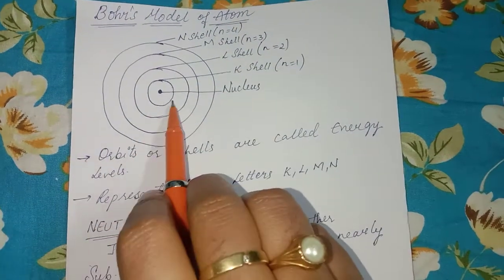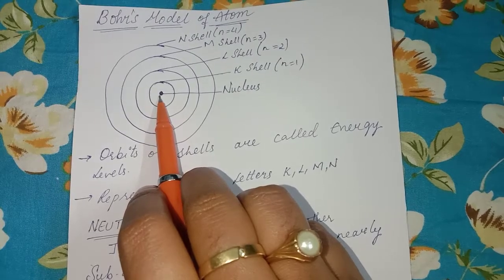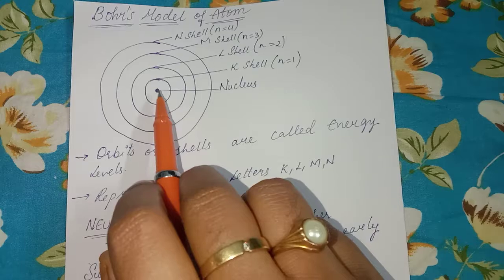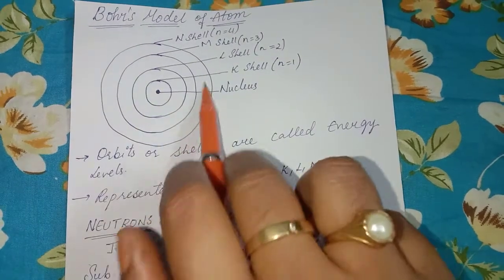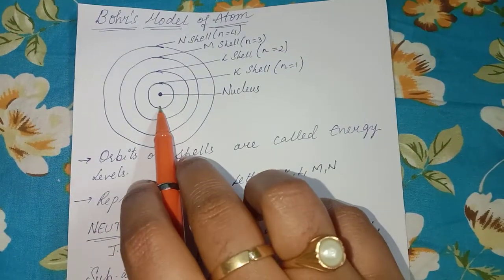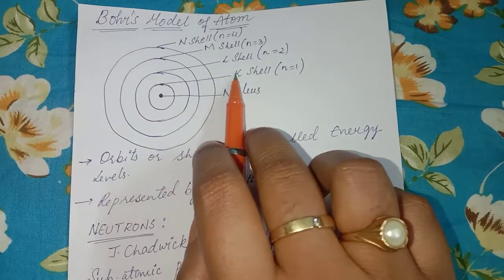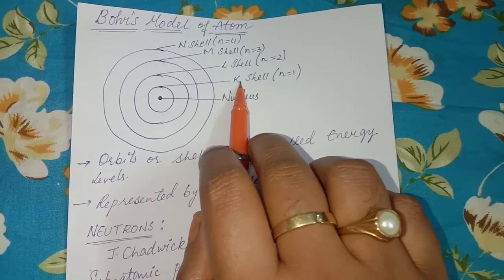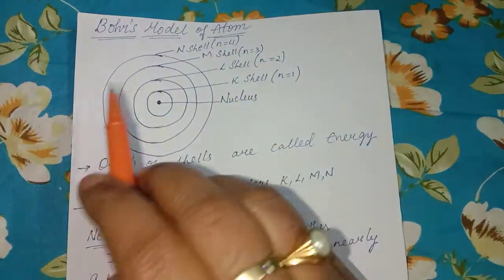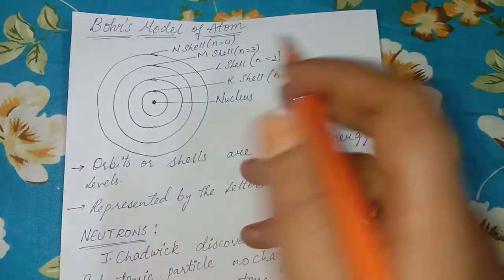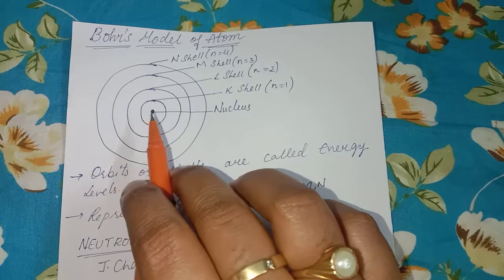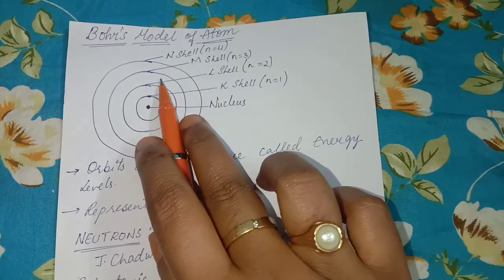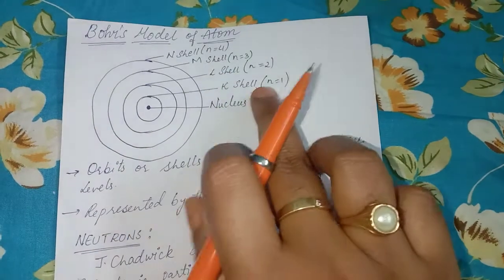Here you can see the nucleus and some orbits or shells. You can call it either an orbit or a shell, revolving around the nucleus, and each orbit he named. You could label them with any alphabets like a, b, c, d, but he named them K shell, L shell, M shell and N shell, and gave them values.